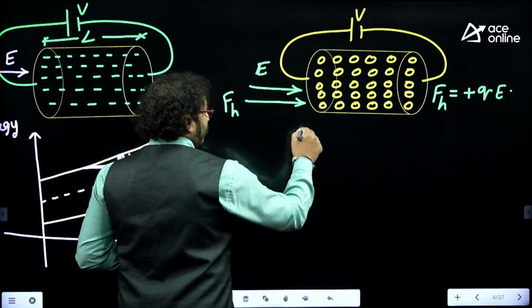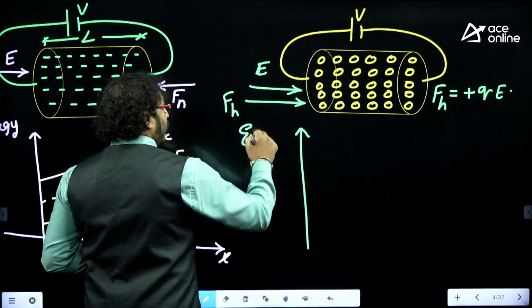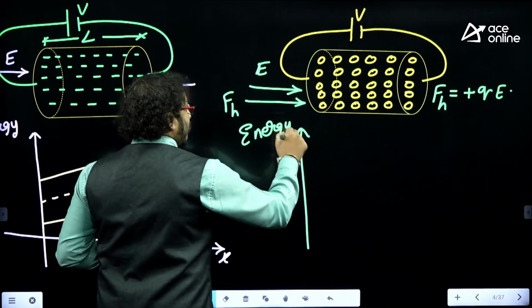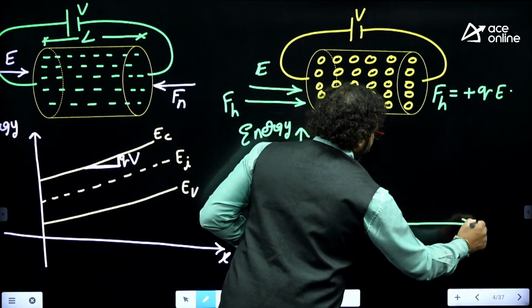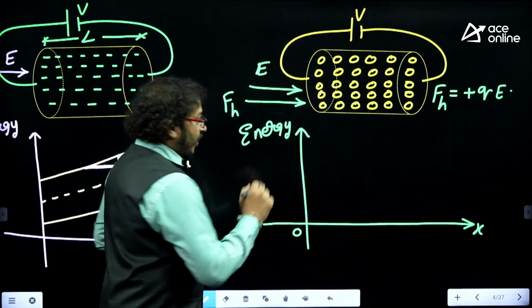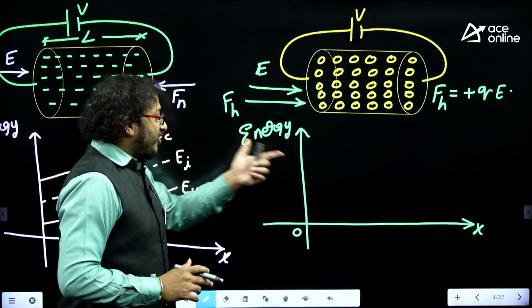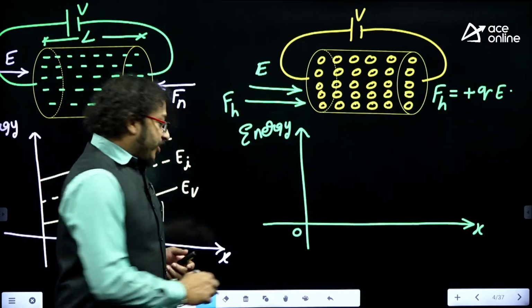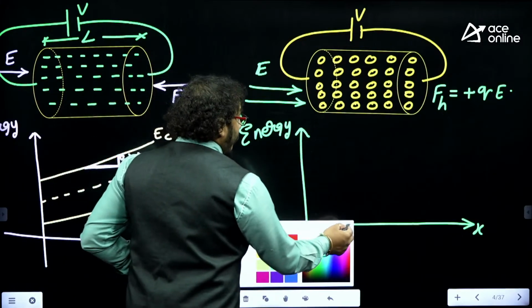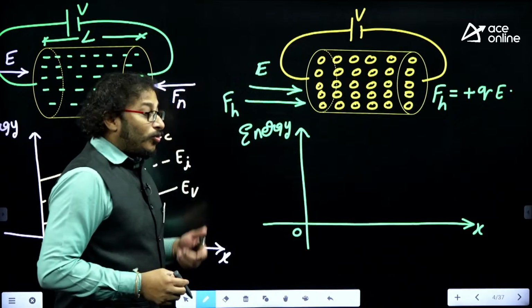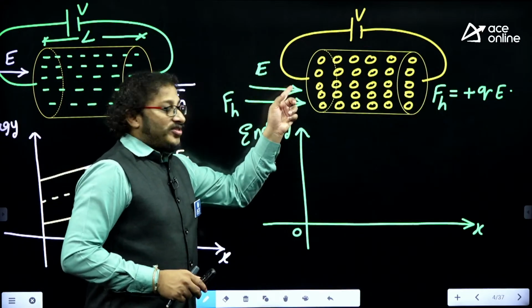Now we need to plot the energy versus distance graph. Taking the y-axis as energy and the x-axis as distance, now tell me, left side or right side, which side do holes have high energy? Left side, you're right.